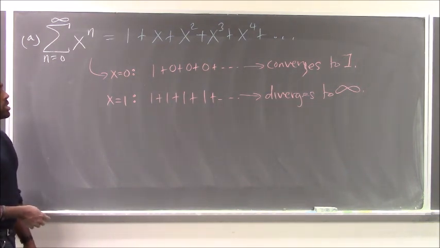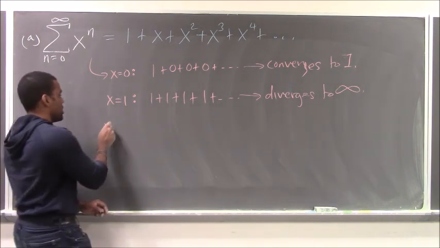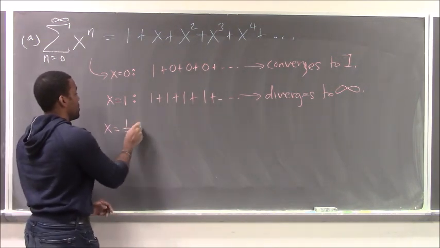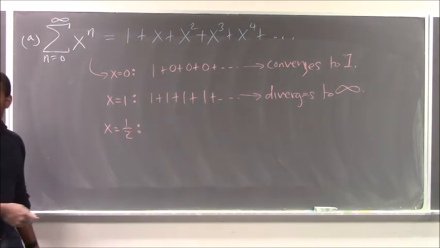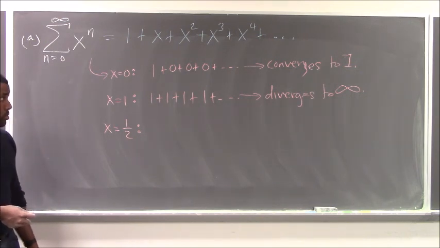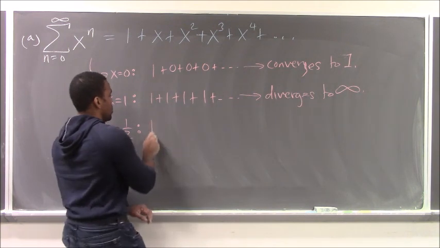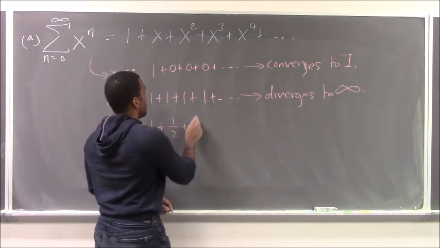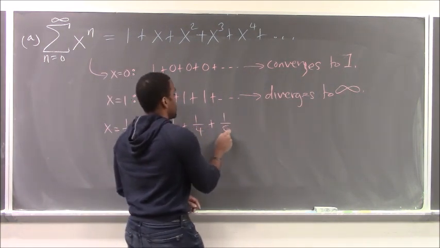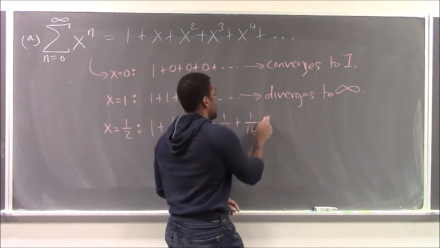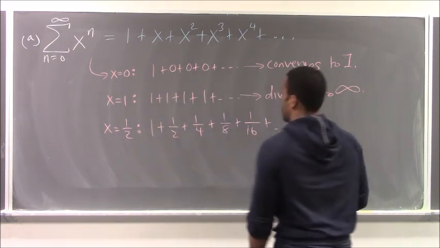What if I picked another value, say x equals a half, right? Halfway between 0 and 1. If I plug in x equals a half, I would get 1 plus a half, plus a quarter, plus an eighth, plus a sixteenth, and so on and so forth.